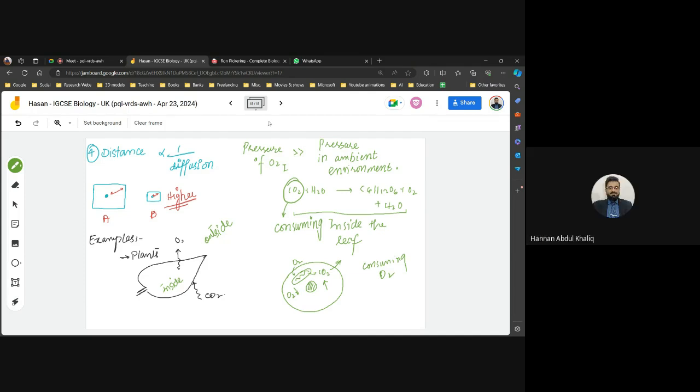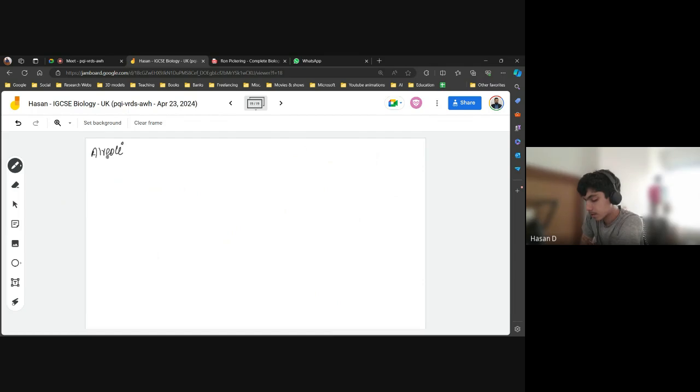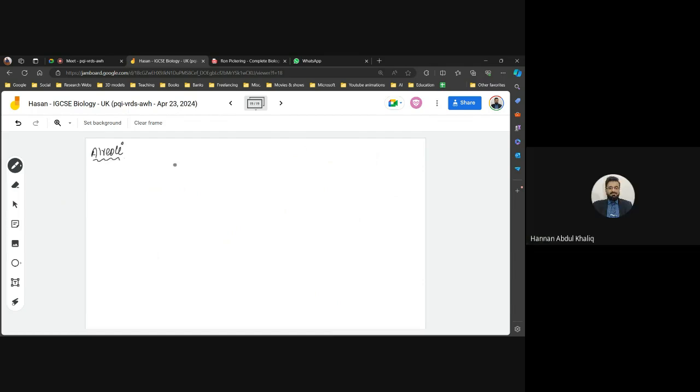Okay, now this was about the cell. Let's talk about the diffusion in the alveoli. You know about the alveoli in the lungs. Now, in the alveoli, remember that this is the layer of alveolar cells, basically called alveolar epithelium.